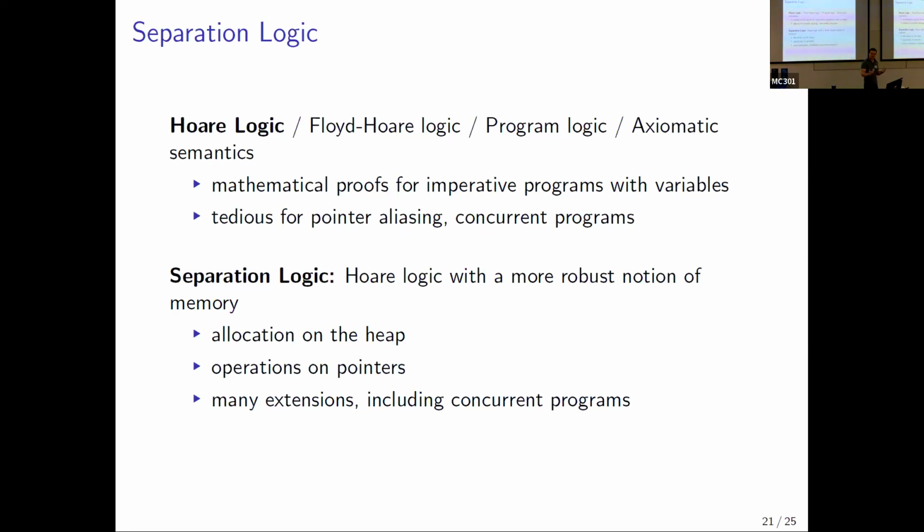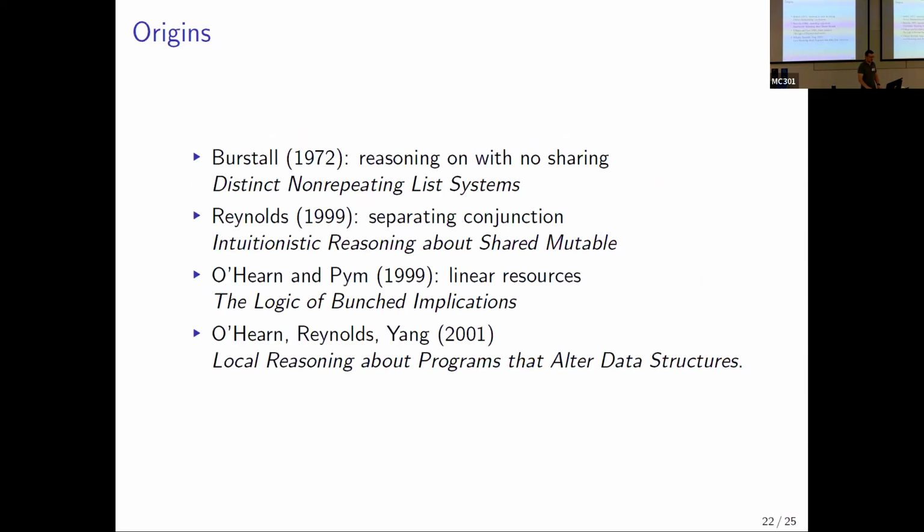You can allocate things on a heap. You can do operations on pointers. And it's also robust in the sense that you can extend it to a bunch of other programming features, such as concurrent programs or algebraic effects or other things. All right, so a short history. We have to cite those papers, but it was mostly in 2000 by Reynolds, O'Hearn, and Ping.